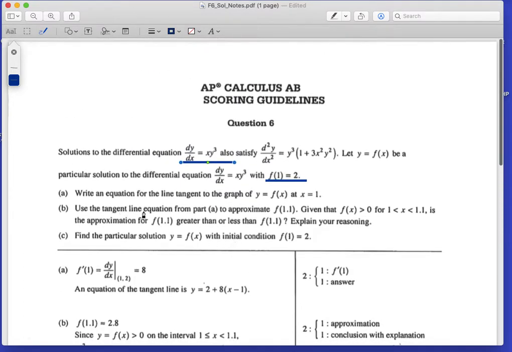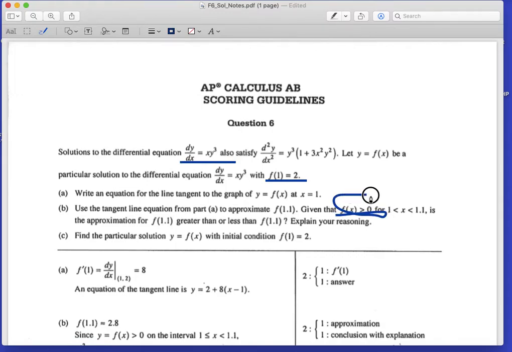Okay, part B, we've seen this now a couple of times, using a tangent line to approximate a function, and then they're going to follow up and ask, is this approximation too big or too small? So what we really need to do is figure out if we're looking at tangent lines. They also give us one other key piece of information here that's important.